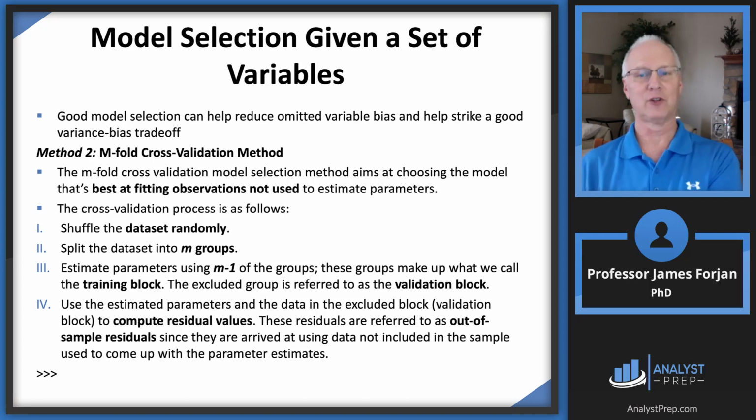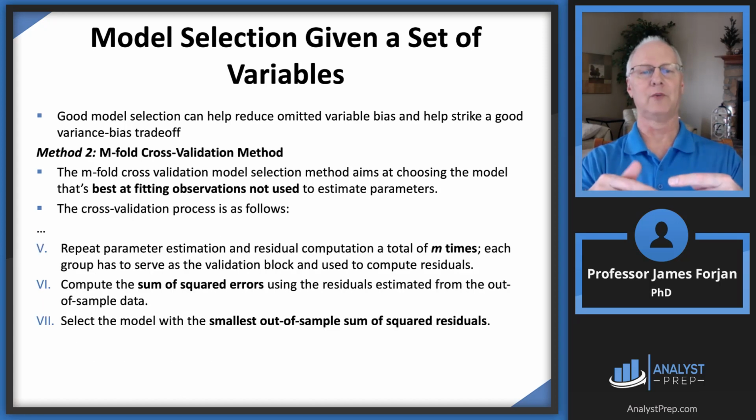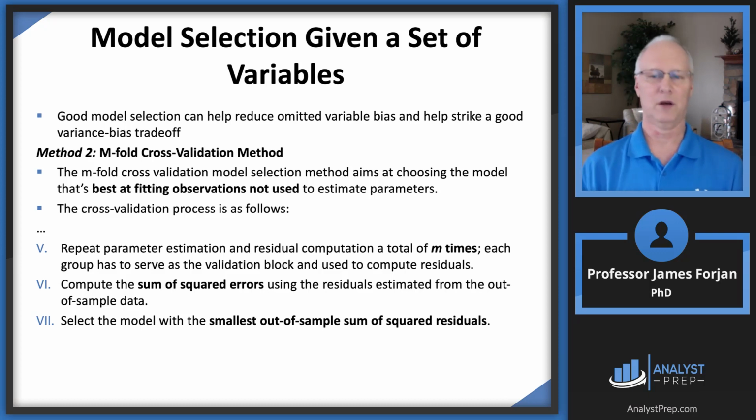And then that excluded block is the validation block. And then we go ahead and use that excluded block to compute the residual values, and those residual values become the out-of-sample residuals. What we do then is we repeat that M times, and then we compute the sum of the squared errors, and we select the smallest out-of-sample sum of the squared residuals.